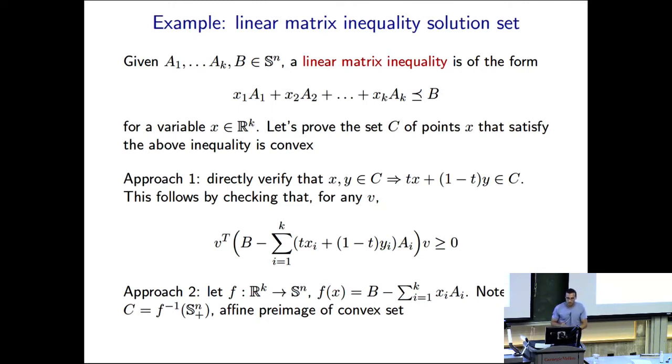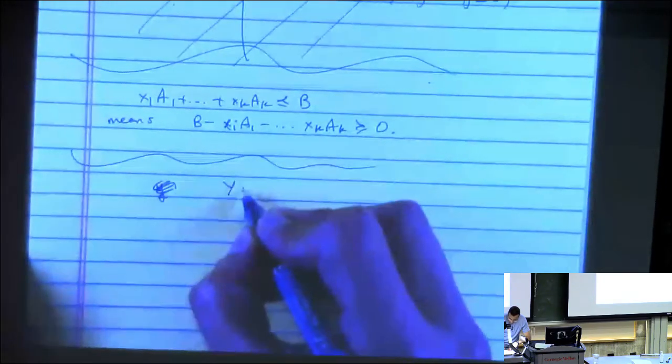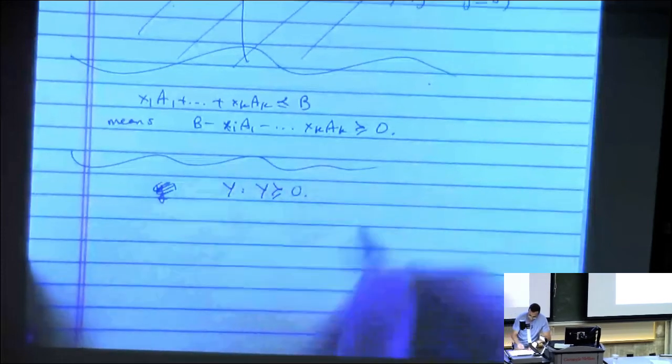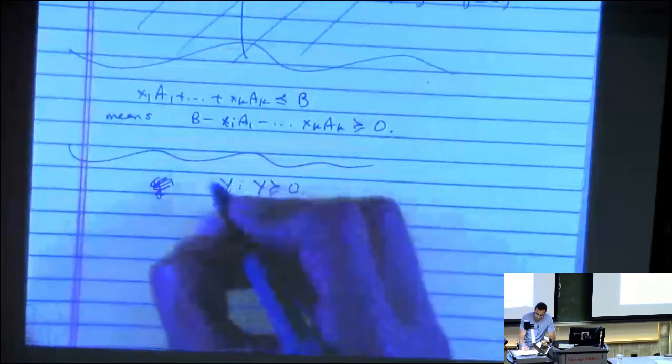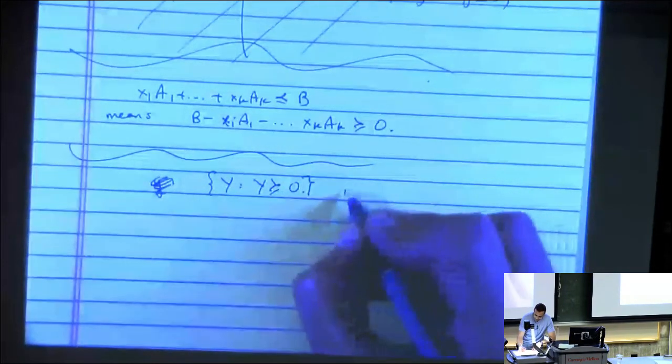this is an affine preimage of the PSD cone. If I look at the set of all matrices Y such that Y is positive semi-definite, that's the PSD cone. It's a convex cone.